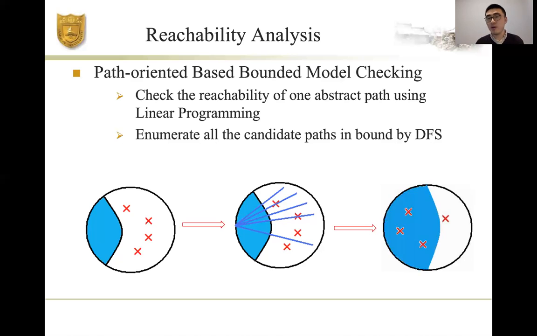It's a very simple idea, and it's a trade-off between space and time. I don't want to check everything together at one time; I just check one path, then the next path, then the next. As it's finite, given enough time, I can finish.